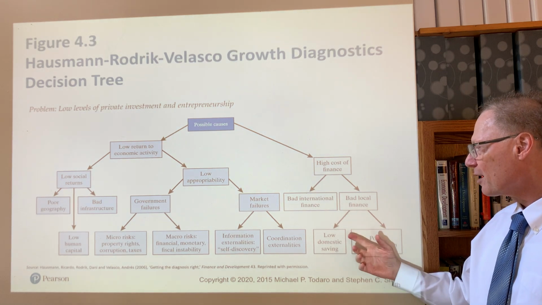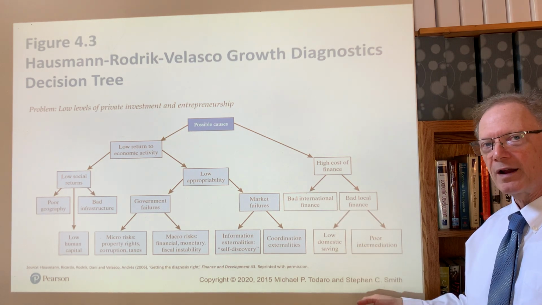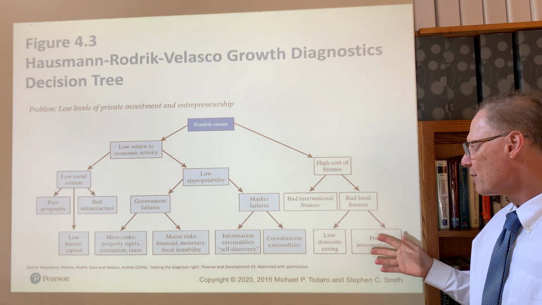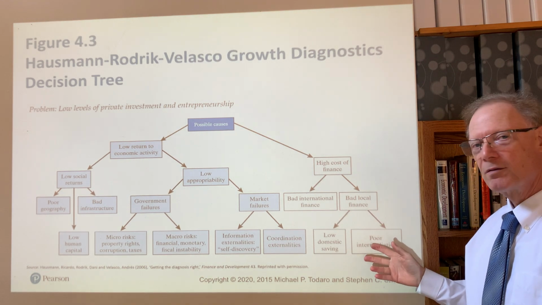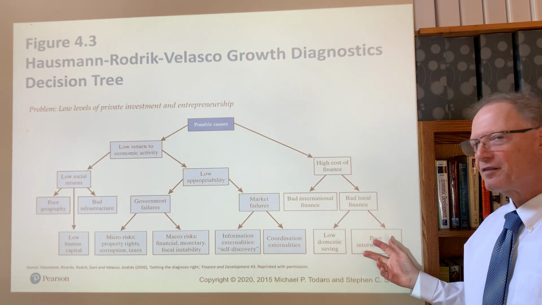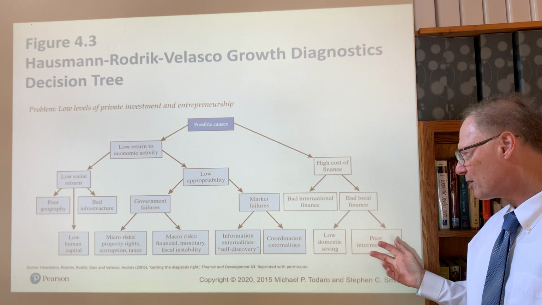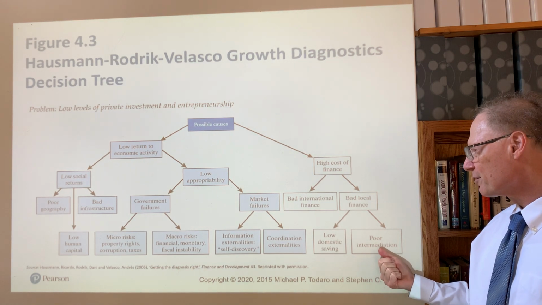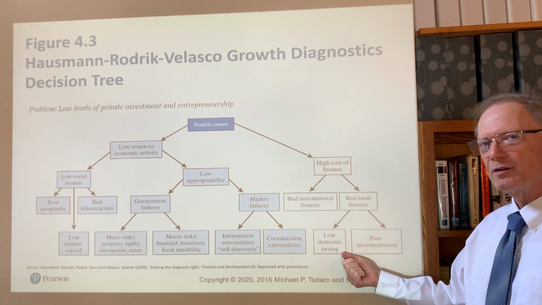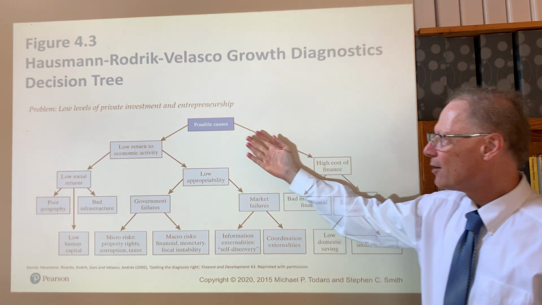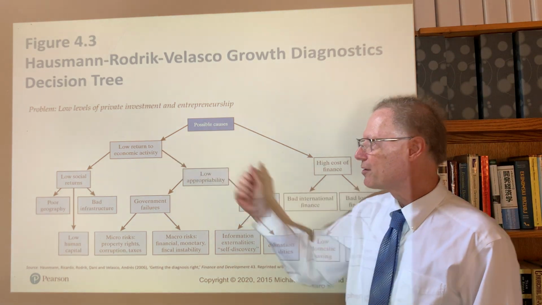By final boxes, I mean boxes from which no further arrows emanate. And these are considered in this analysis the fundamental constraint groups, if you want, sets of constraint areas where we might look that are key to this analysis. And so there's three on the high cost of finance side: the poor intermediation, the low domestic savings, and the bad international finance.